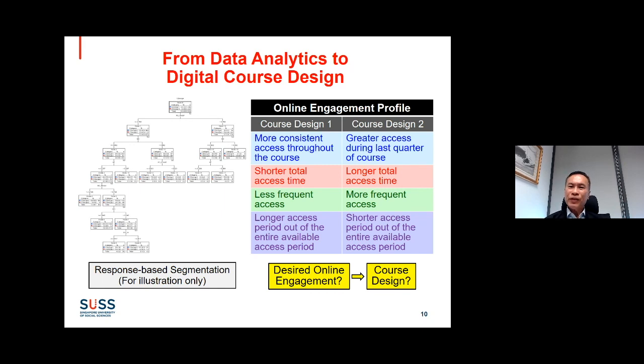So, if you are a course instructor, then you have to decide which online engagement profile is desired for your course. Do you want the profile that is associated with course design 1, or the profile that's associated with course design 2?